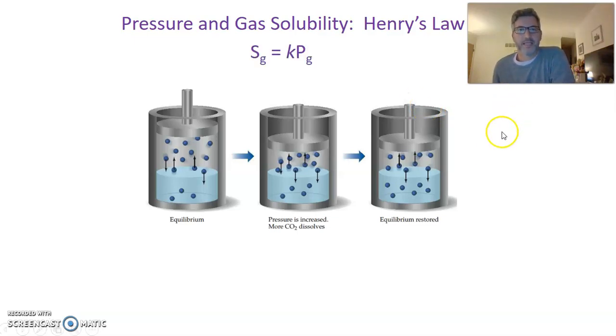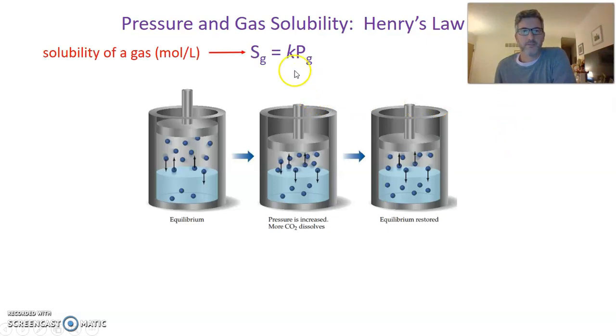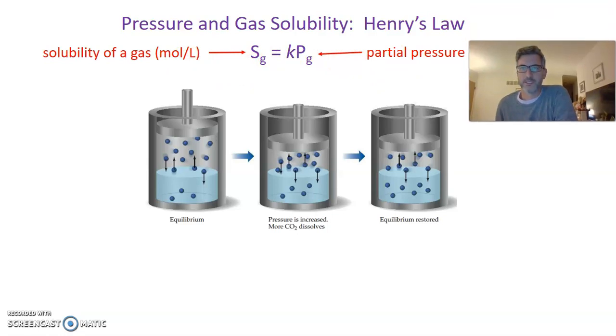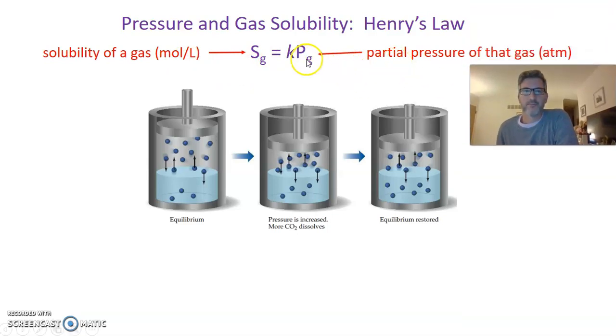So this is governed by Henry's law, and Henry's law is just the solubility of a gas, usually measured in molar or moles per liter, is equal to a constant, which is K, times the partial pressure of that gas measured in atmospheres.